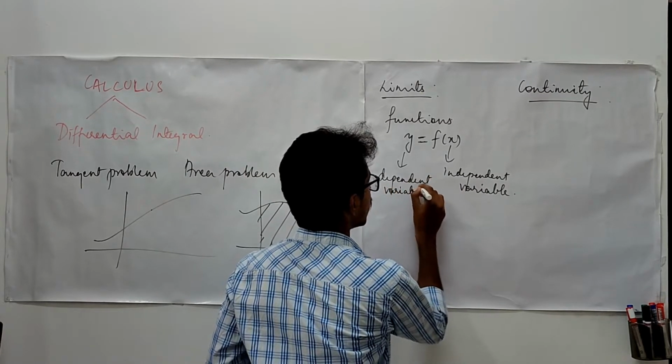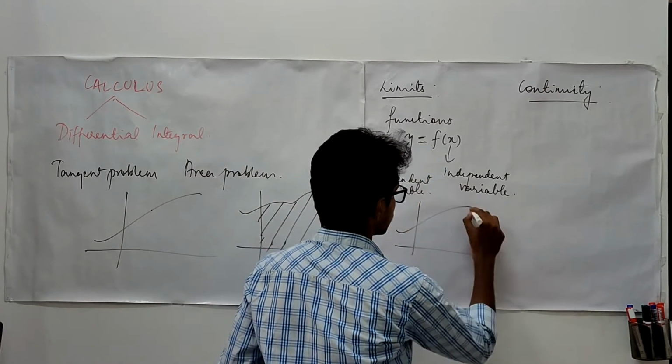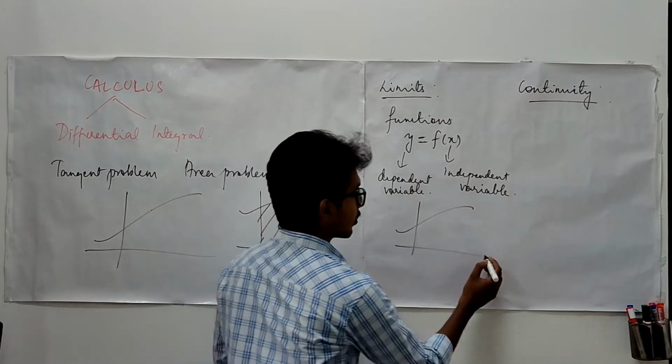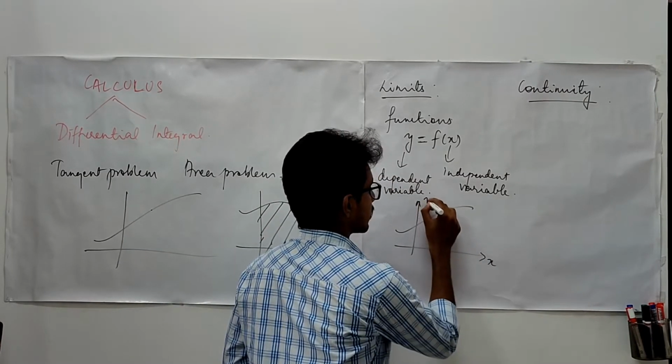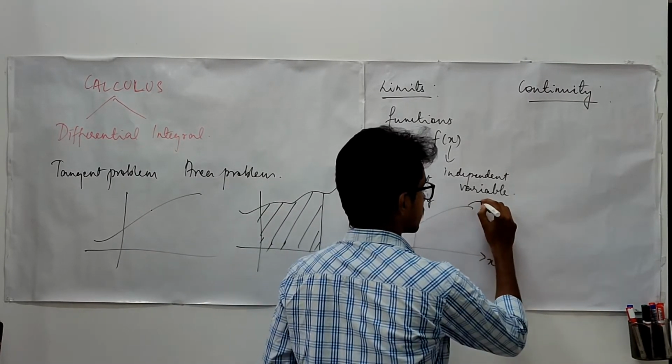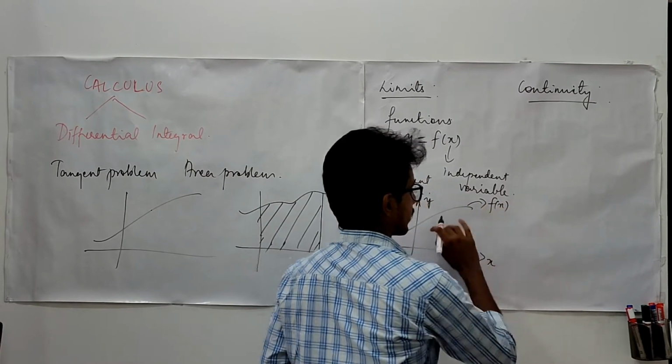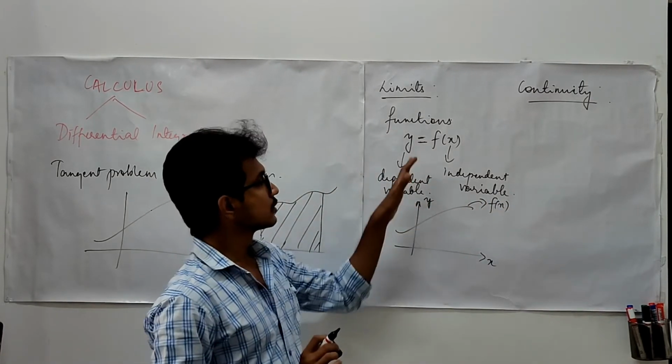So whenever you plot this as a function, this represents your x-axis and this represents your y-axis, which means the curve is your f of x. This is your curve y.